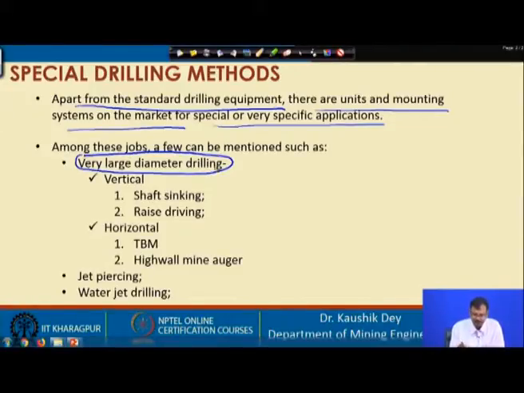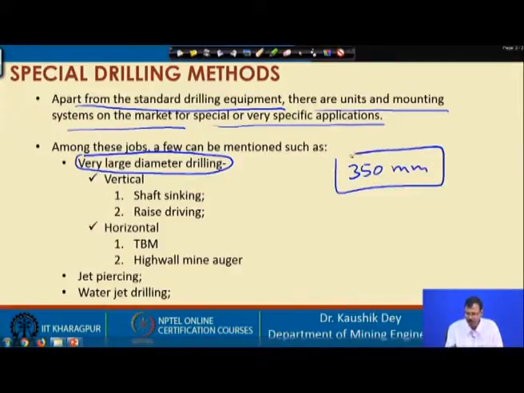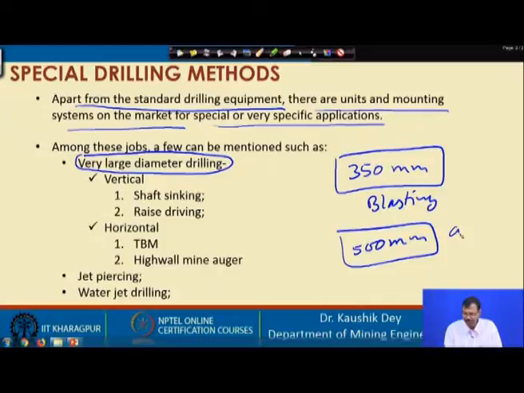This large diameter drilling means, in normal cases, we generally carry out drilling up to 350 millimeter diameter, which we use for drilling for blasting purposes, and in some cases a little bit more diameter, maybe around 500, we carry out for some access or ventilation points also.